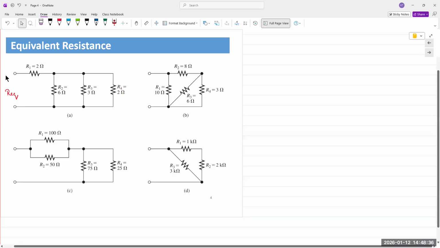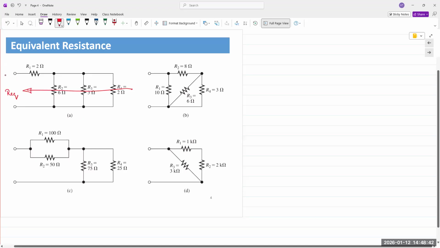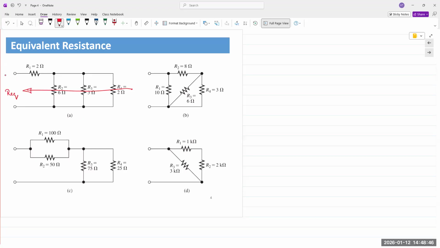And what you do in that case is you start at the farthest end and you start reducing and you move towards your terminals of analysis, towards Req. So you start at the farthest end, you start reducing away from your terminals, and then you move closer step by step towards the terminals of analysis.